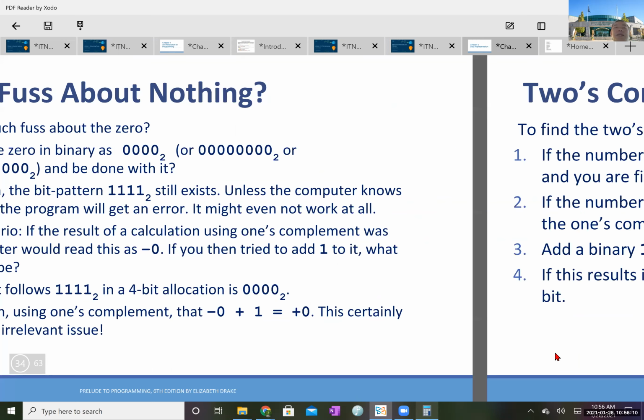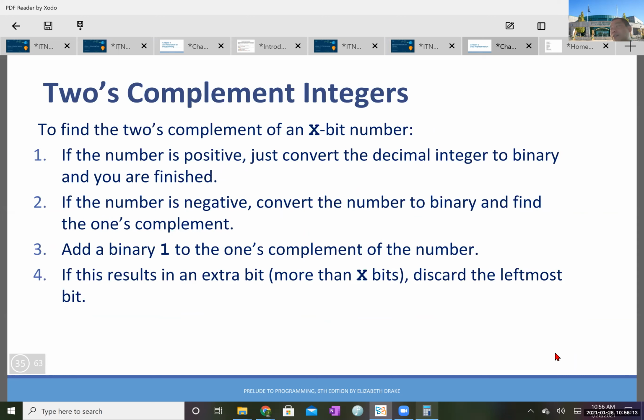Okay, so in the case of the two's complement integer, remember that with a positive number it's always the same. The leftmost bit is always number 0, and the 7 bits are just the magnitude, the absolute value. If the number is positive, just convert it normally and finish. If the number is negative, remember that you have to convert the number to binary and find the one's complement first.